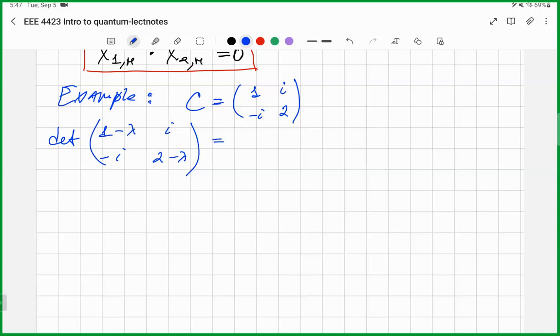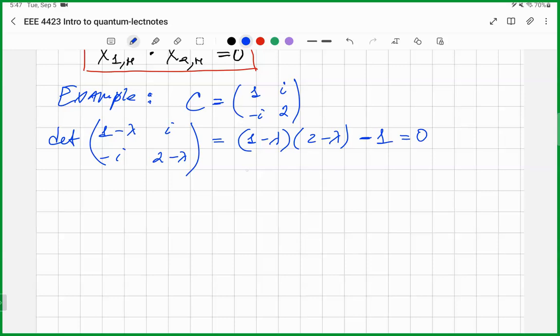The product of the diagonal components is (1 minus lambda)(2 minus lambda), plus or minus i times i squared. i squared is minus 1, so this minus makes it plus 1, and this minus is minus 1. And it's equal to 0.